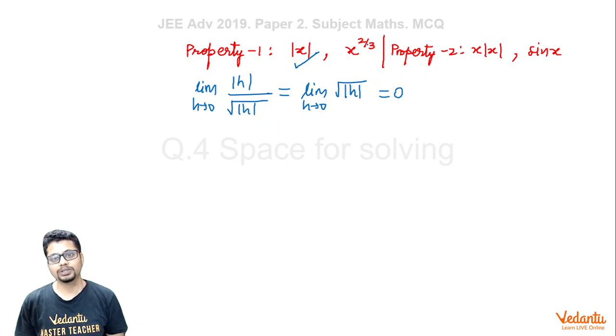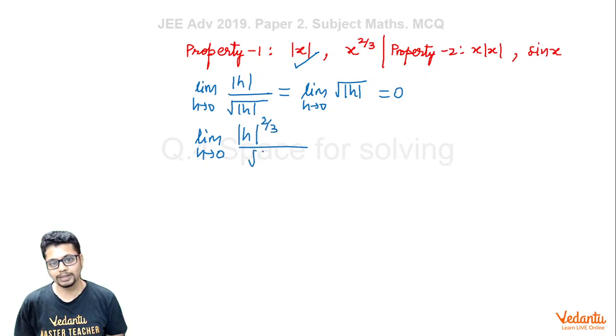Now let's come to x to the power 2 by 3. Here limit h tending to 0, f of h would be h to the power 2 by 3. If you see carefully, you can even write f of x to be mod of x to the power 2 by 3 instead of x to the power 2 by 3, because anyway it is an even function, so it would not matter. So you may directly consider this, because in the denominator there is under root of mod h.